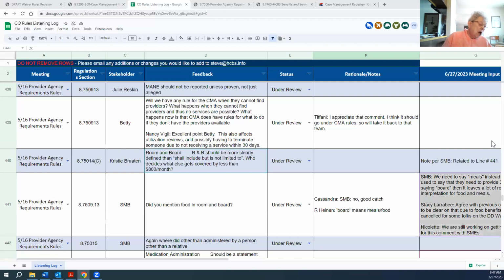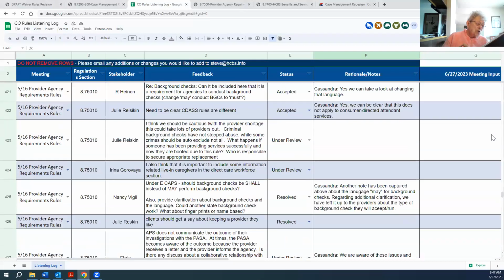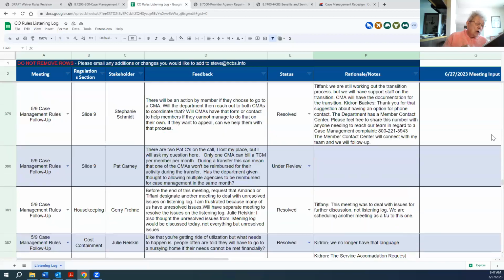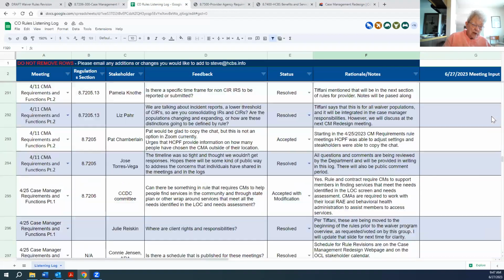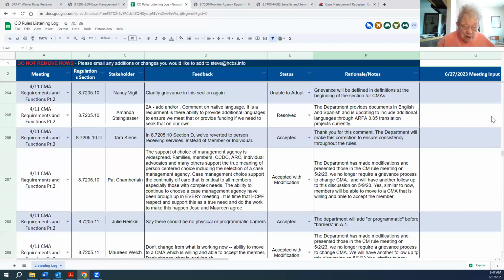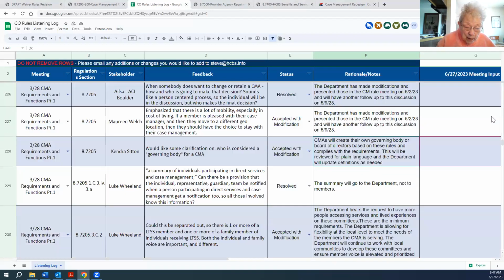This talks about the CMA will create their own governing board, like a board of directors. I find this really weird.